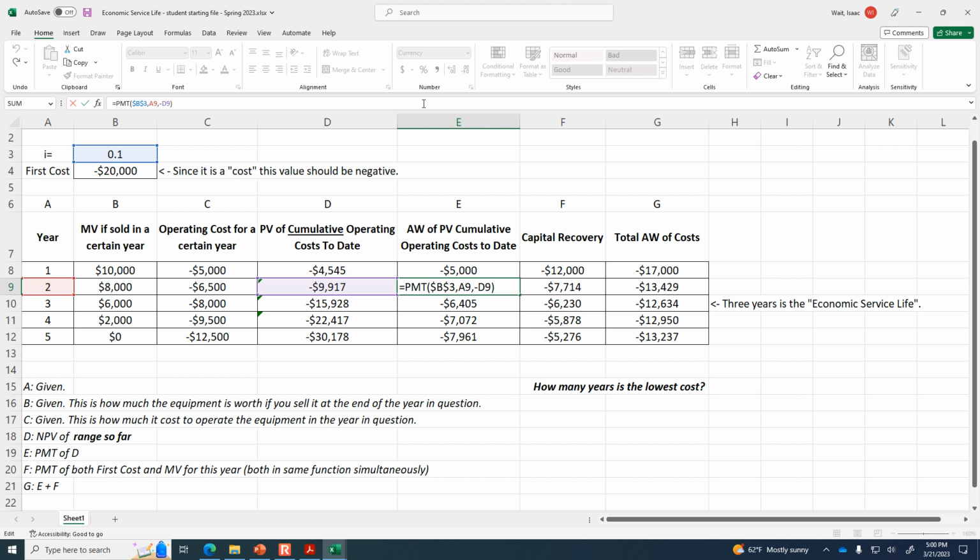So let me do a sketch that illustrates this, because this is important. Let's look at 5 years, because I think 5 years is maybe going to be the best illustration.